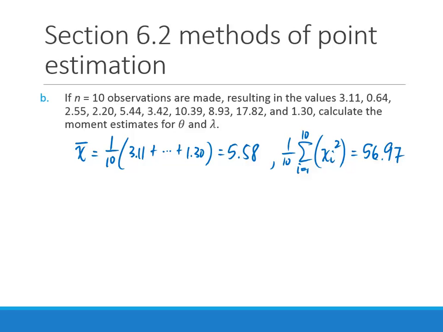So then my estimates will become lambda hat. Again, remember, that was 1 over the second sample moment minus the first one squared, so 56.97 minus 5.58 squared, which is 0.1967.